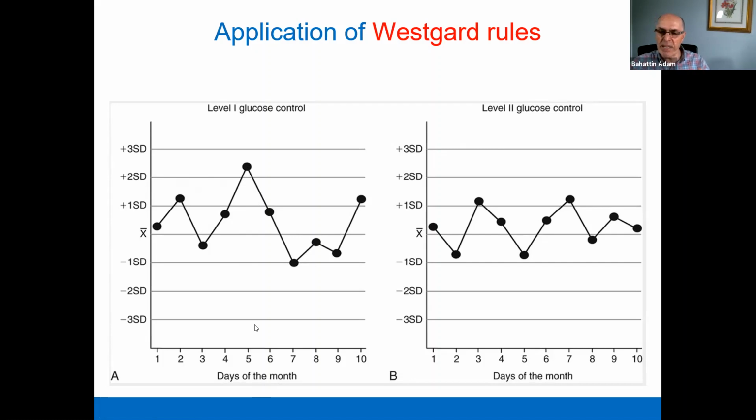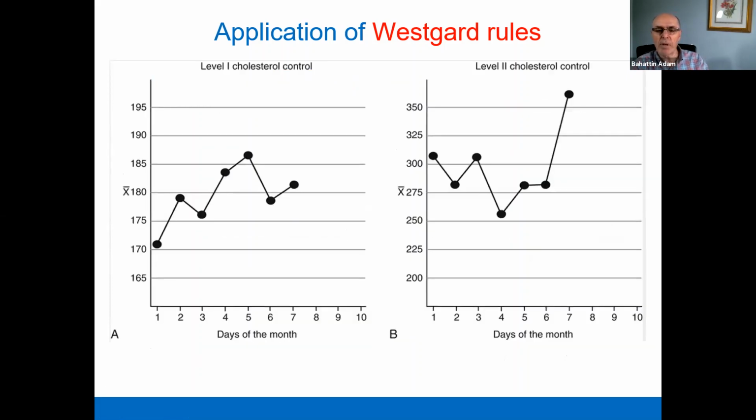On the same day, you have to check the other controls. On day 5, the second control is within the normal range. That means this is a warning rule, the Westgard rules are not violated, and you will accept these controls and continue with your patient samples.